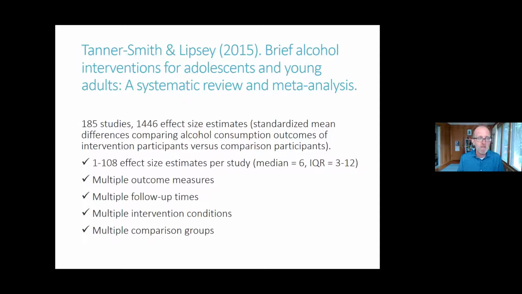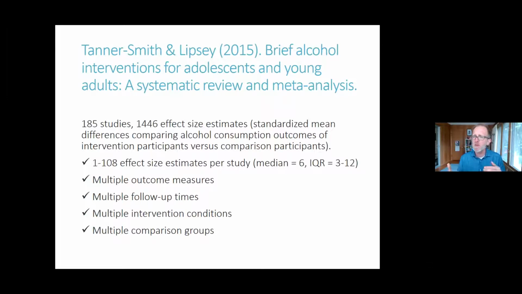The individual studies had between 1 and 108 effect size estimates. The median was around 6. The interquartile range was 3 to 12. So there were a few studies that just had an enormous number of effects in them. And that multiplicity arises because some studies measured multiple outcomes, some measured multiple follow-up times, some compared multiple intervention groups to a common control group.